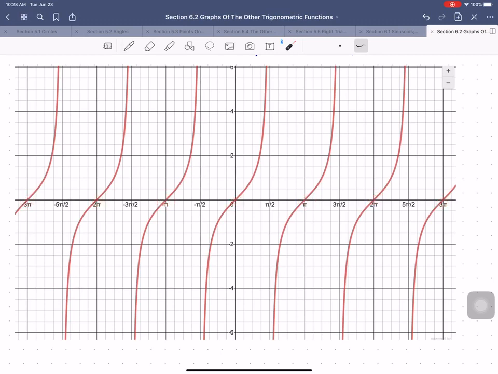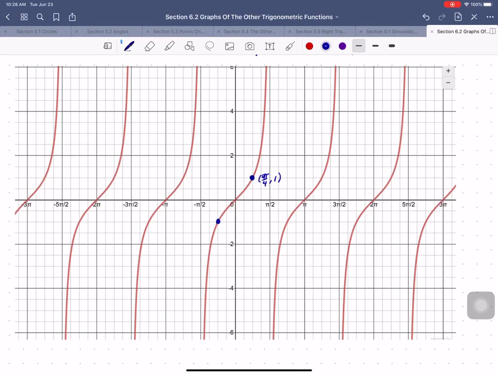Now, some other things to notice. The tangent function goes through this point right here, and this point is pi over 4, 1, because the tangent of pi over 4 is 1.